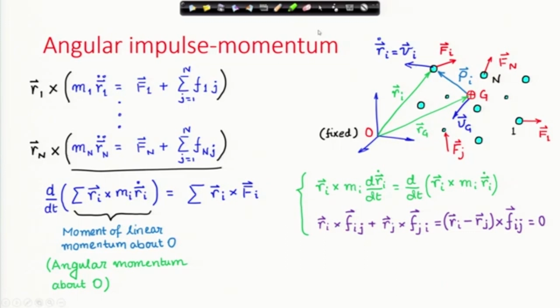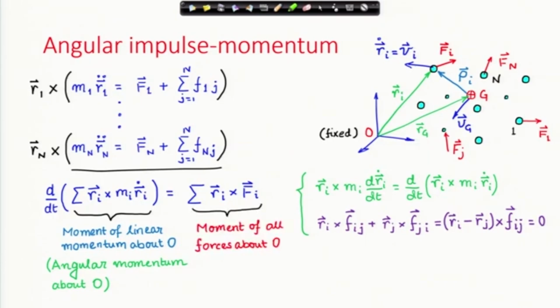Therefore, this bracketed expression is the moment of linear momentum of all particles about O, because there is a sum over. This is also known as the angular momentum of the system of particles about O.